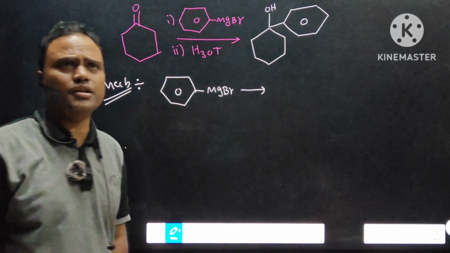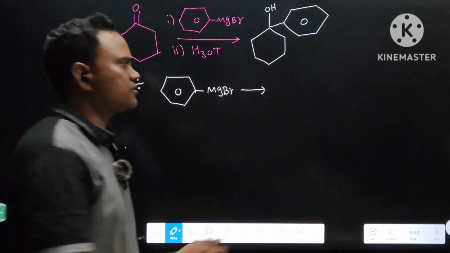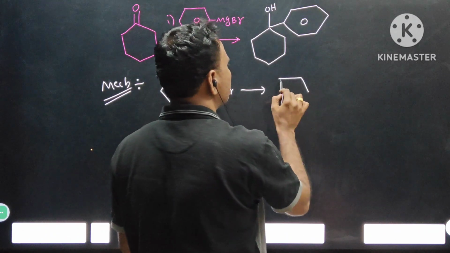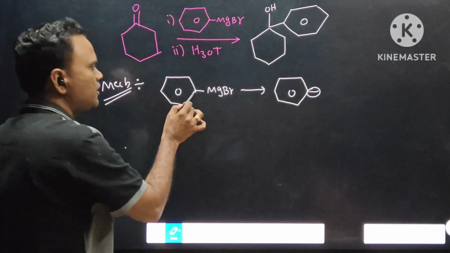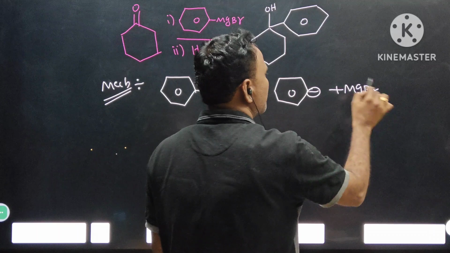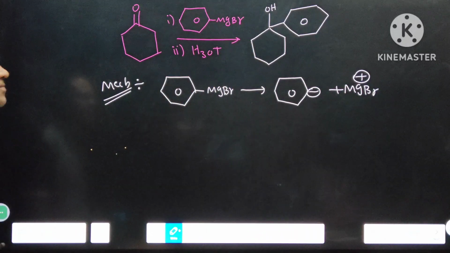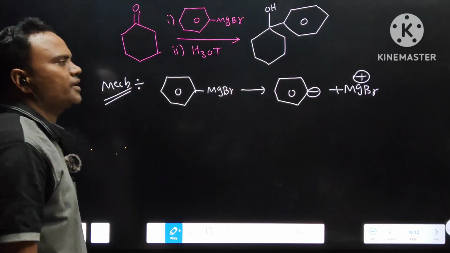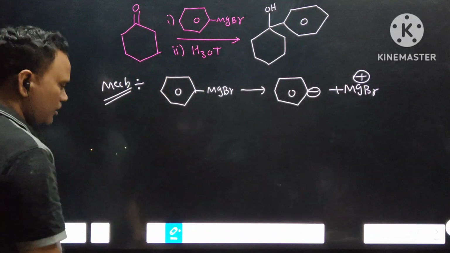How does the Grignard reagent undergo dissociation? R minus and MgX plus. R negative, your negative charge, and MgBr plus. The benzene ring will get a negative charge. Next, take this carbonyl.